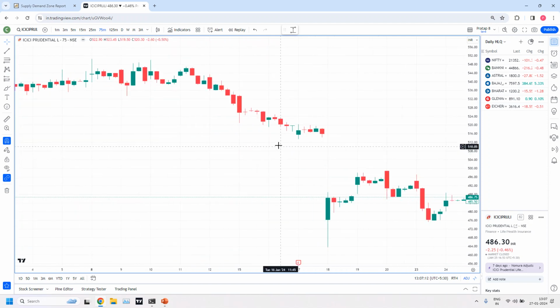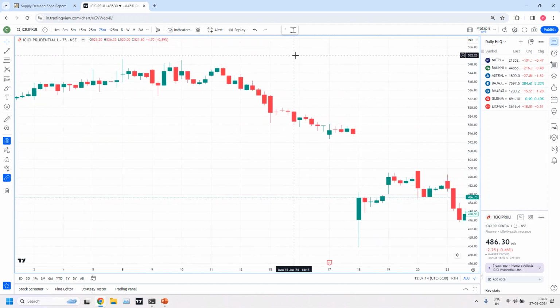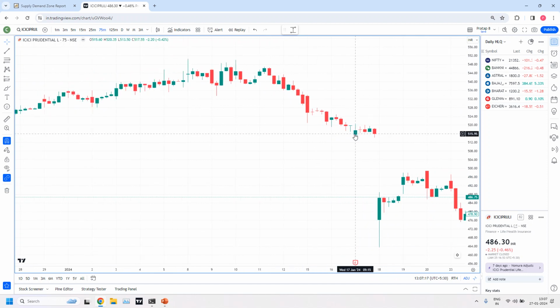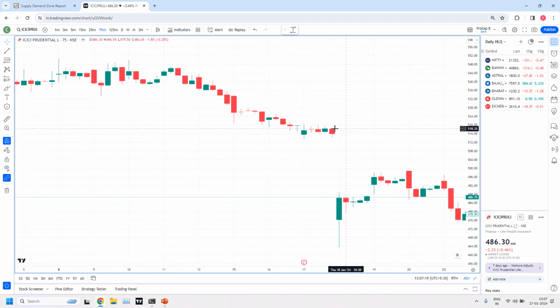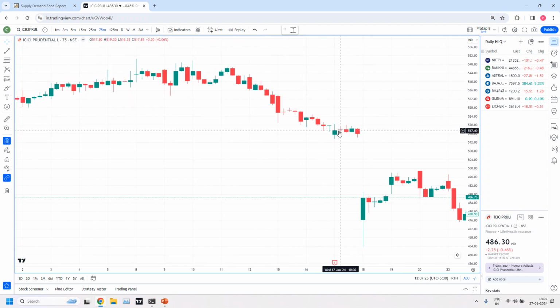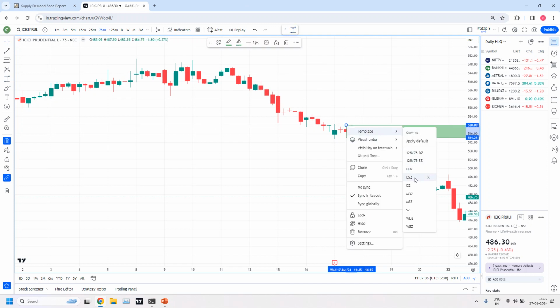So here. This is considered as an ERC candle, and these four candles are base candles. So this is a 75-minute supply zone.